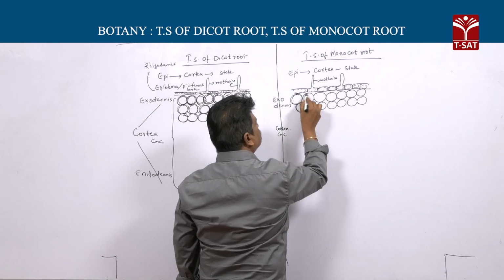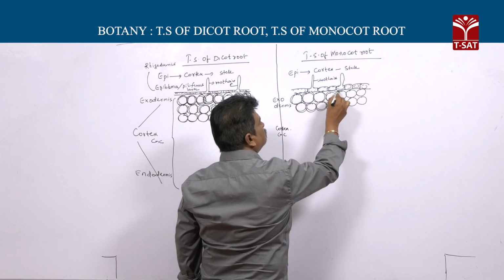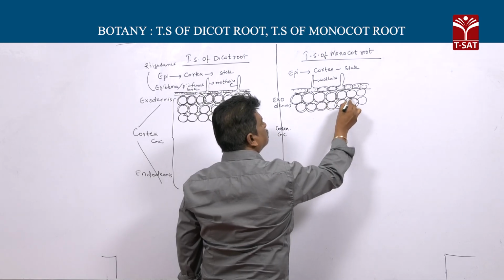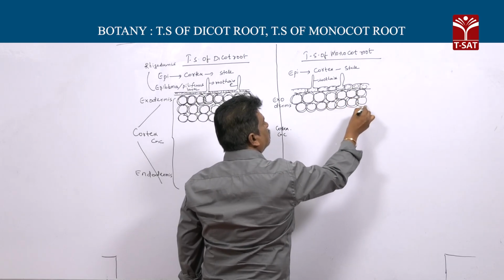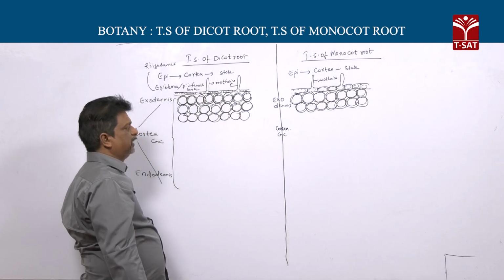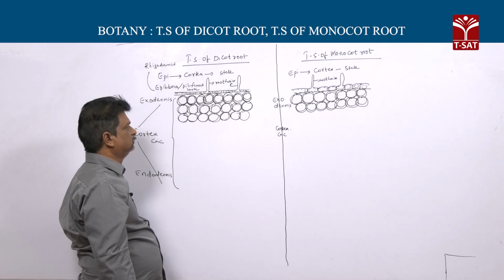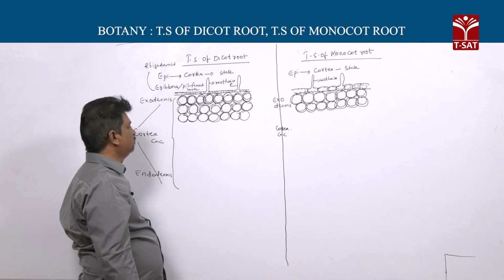Same even in monocot root, outer cortical cells, due to deposition of suberin, they become thick-walled. In old root, they act as protective layer, and they prevent leakage of absorbed water. This is exodermis.